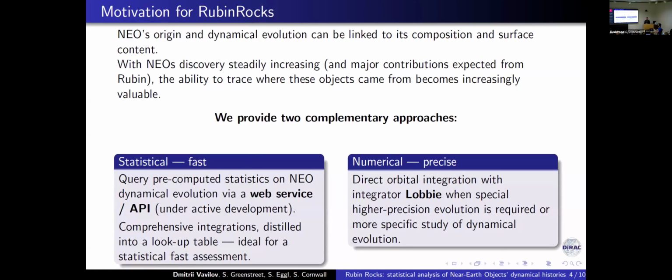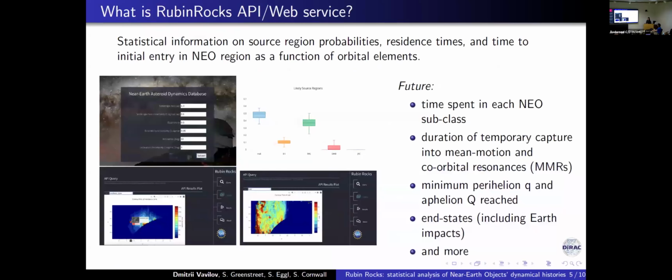Or if you need more precision, then we give you a new integrator, and you can integrate the orbits yourself. Of course, it's going to take much longer compared to the statistical approach. But if you have a unique, atypical object, maybe you're required to do so, because the statistics is still mostly working on typical objects.